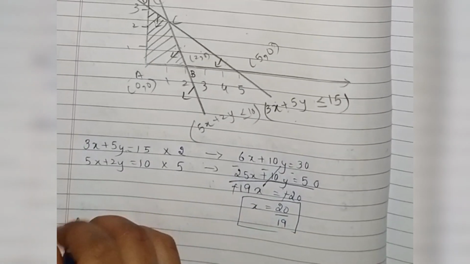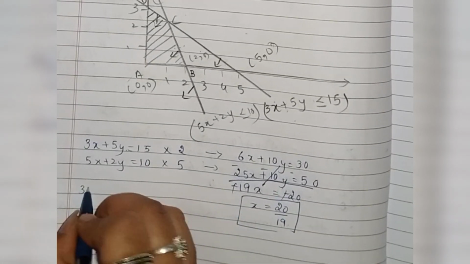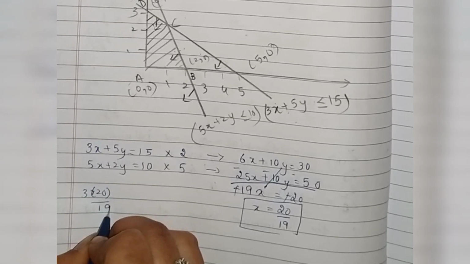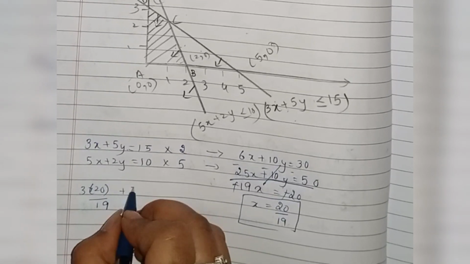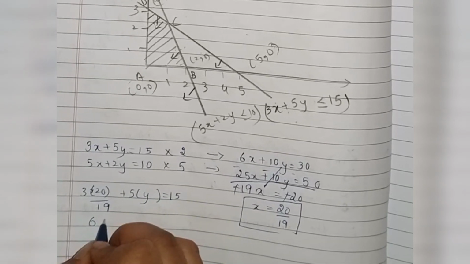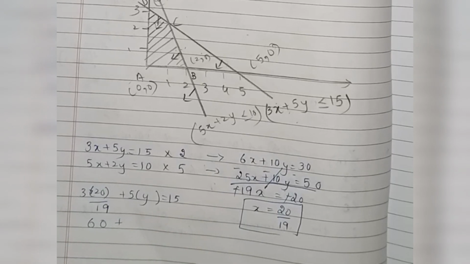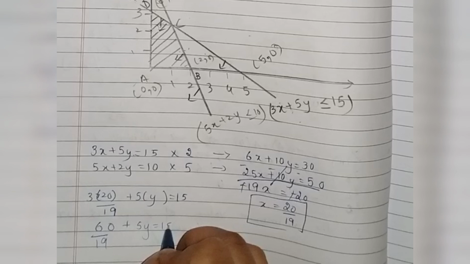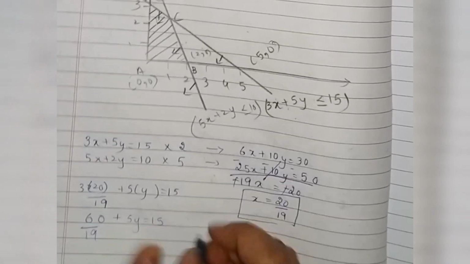Then substitute in any one of the equations. So 3 into 20 by 19 plus 5y is equal to 15. Now 60 by 19 plus 5y is equal to 15. Then take this to the other side.